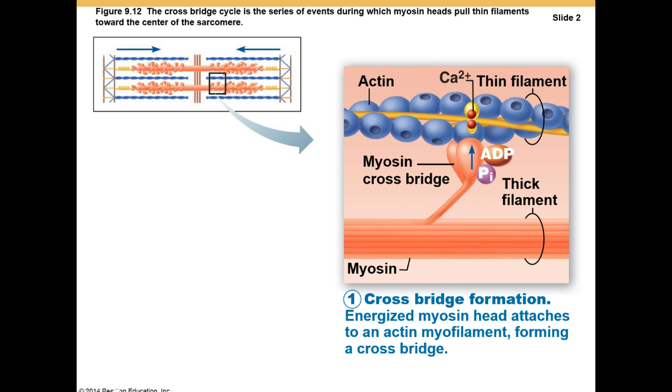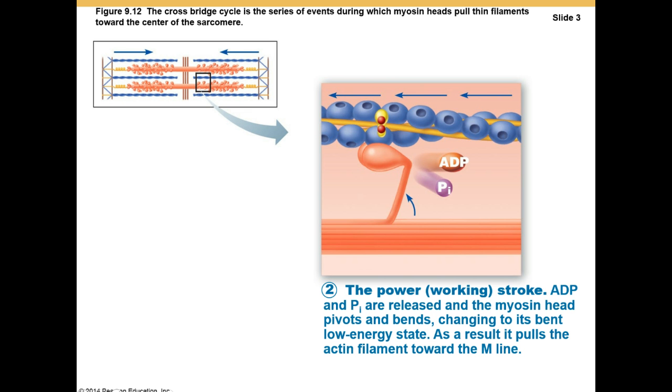The energized myosin head attaches to an actin myofilament, and we get our cross bridge. Then we have this working stroke. The ADP is released, and the myosin head will pivot just a little bit. It's still attached to the thin filament. So as it pivots just a little bit, it pushes that thin filament towards the M line.